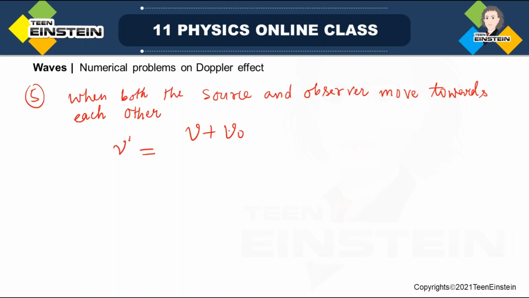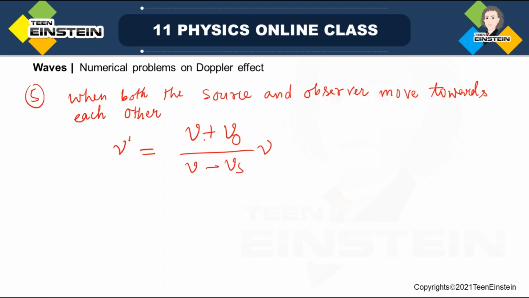The modified frequency which will be heard by the observer is, this is O, not zero, O for observer, v plus vo divided by v minus vs into nu. So V, VO and Vs have the usual meaning. This is the velocity of the source of the sound, this is the velocity of the observer, and this is the velocity of the sound in the air.